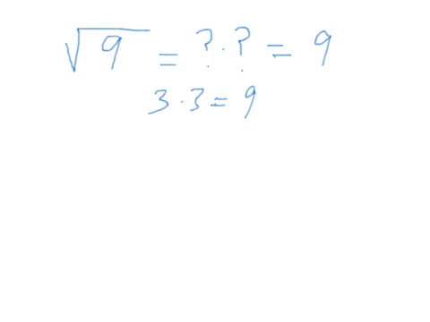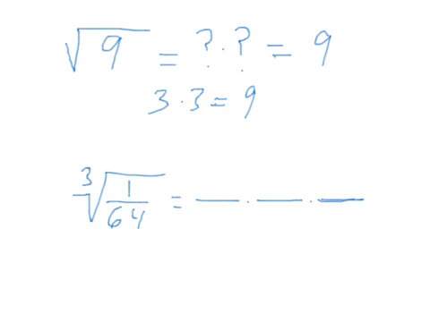Okay, similarly, if you have a square root problem, and we were to do a cubed root, like the exercise in the book, and they give you something like 1 over 64, what they want to know is what fraction times itself 3 times will equal 1 over 64.